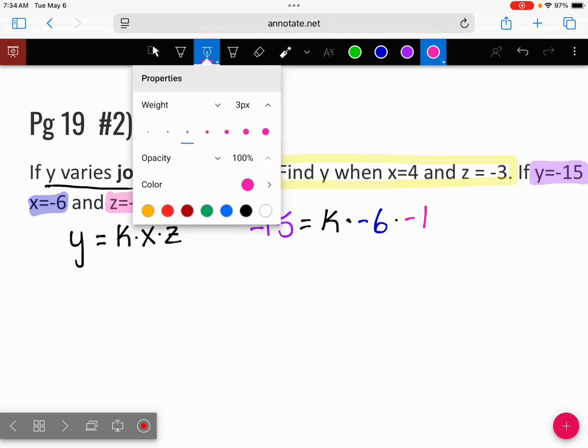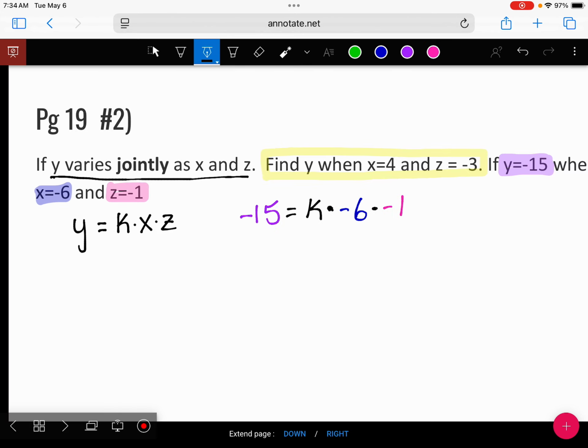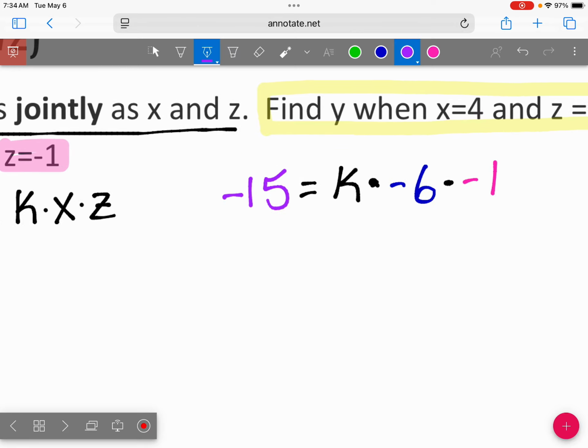So you can write them like this with multiplication in between. If you want to put them in parentheses, that's totally cool. So what we have right here is negative 15 equals k times negative 6 times negative 1, which is a positive 6. So how do we get our k by itself?